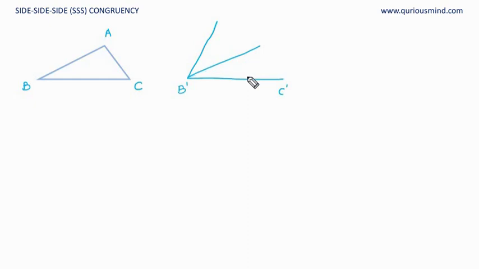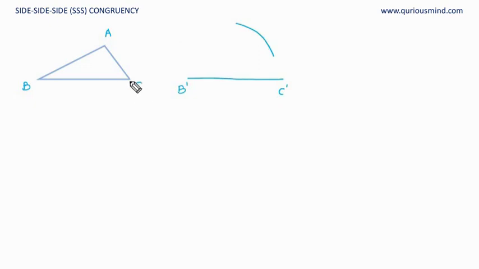So what I did is I gave him the length of the third side. So what he can do is, from B he can draw an arc equal to length BA, because point A can be anywhere on this arc.